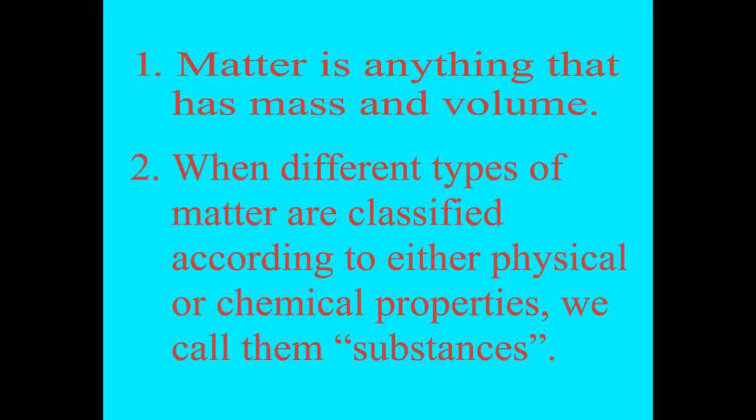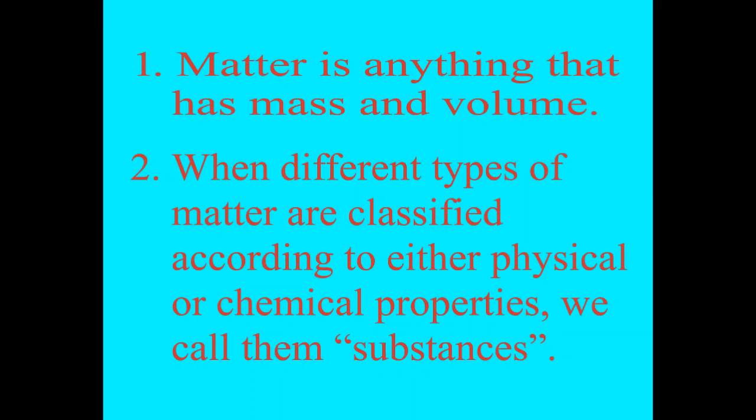Look at this. Read it very carefully, and if you want, you can note it down also. Matter is anything that has mass and volume. Volume means it occupies space. Anything that has mass and occupies some space is called matter.